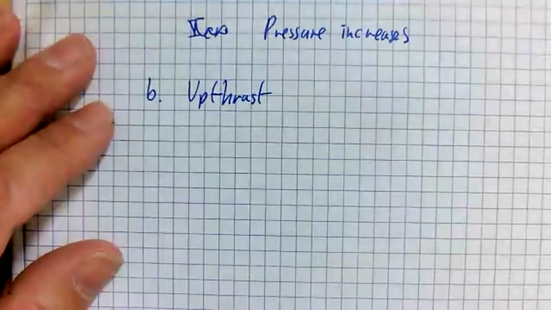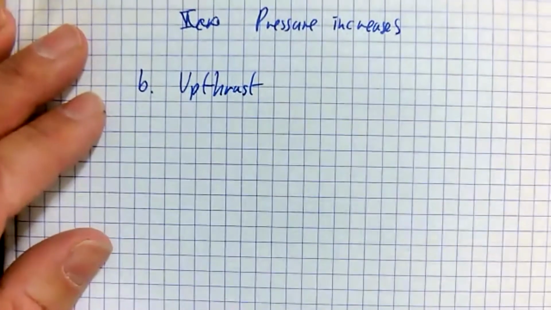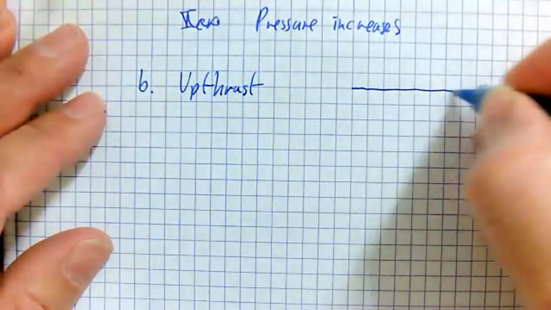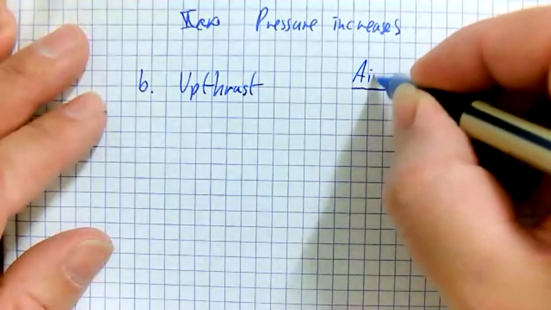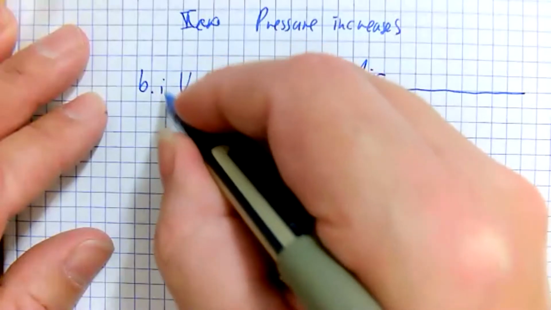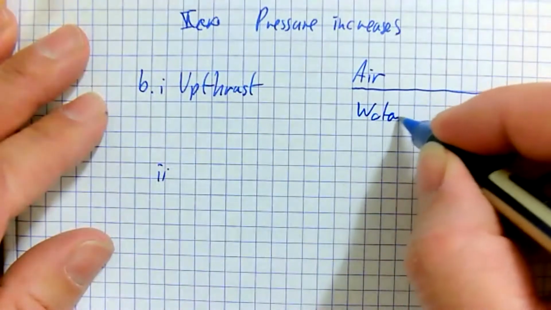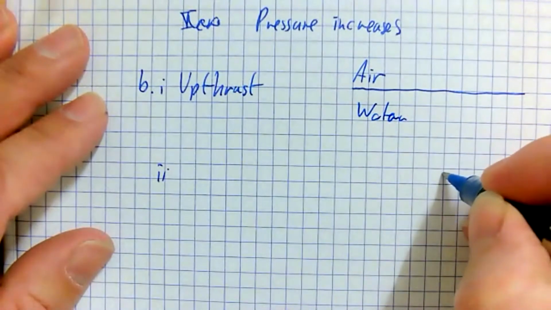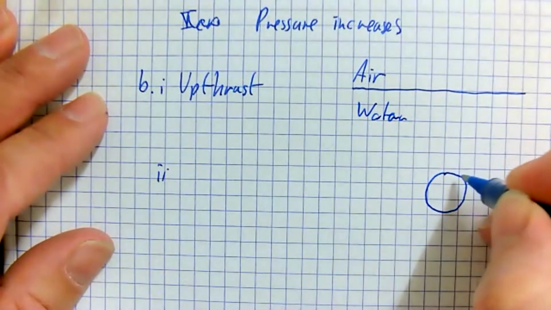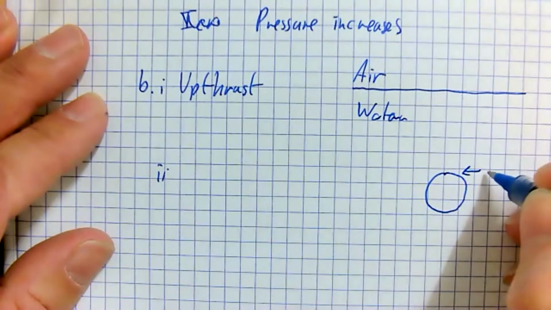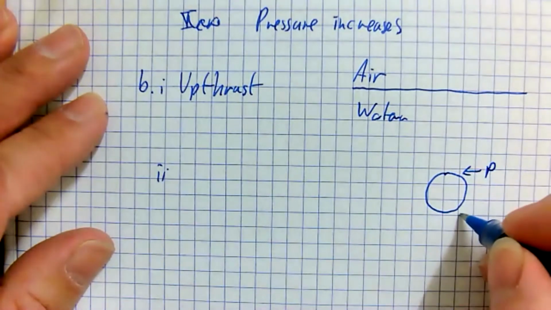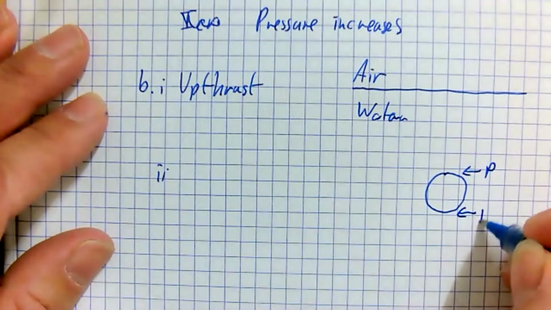Now we can link upthrust to pressure, because if we think about it, we've got water, and this is now part B part 2 really. If you've got air, you've got water, you've got your air bubble down here. Now you've got pressure here, and you've got pressure here.